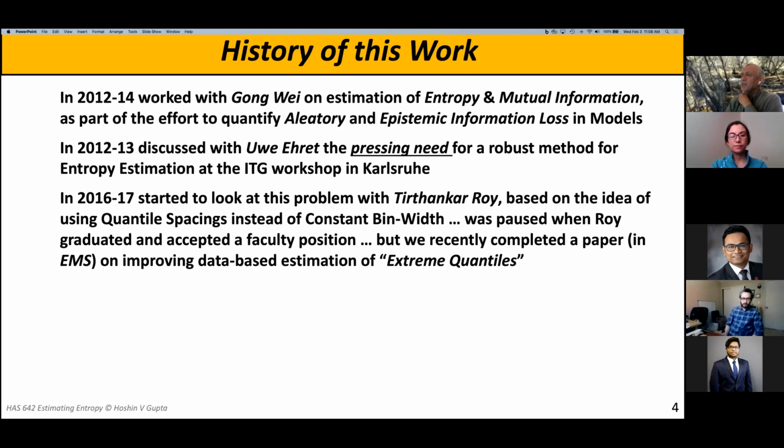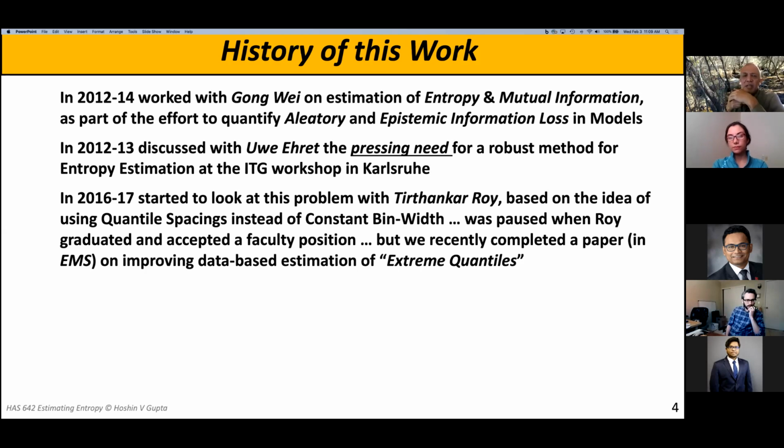But this was an extension of a paper we worked on, which is now in EMS, where we were trying to deal with the problem of when you've got limited data samples and you're trying to estimate the extreme quantiles, so you're trying to get the confidence intervals, you need to estimate the position of the extreme quantiles. And so part of the motivation came out of doing that.